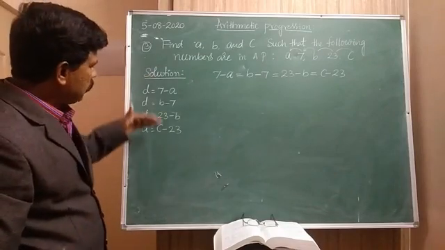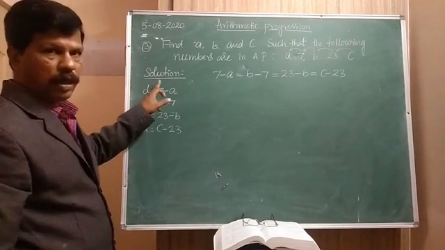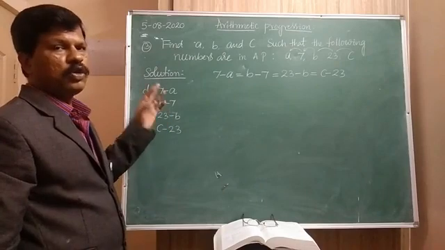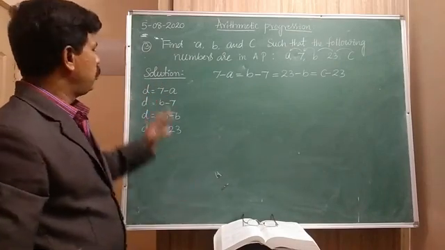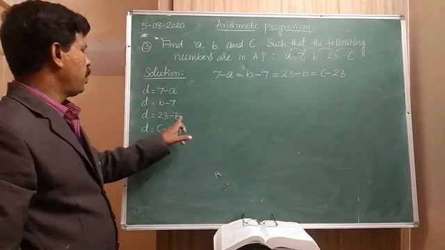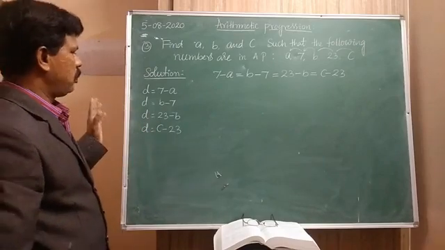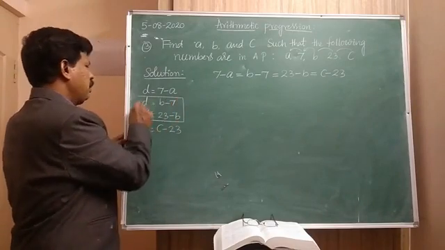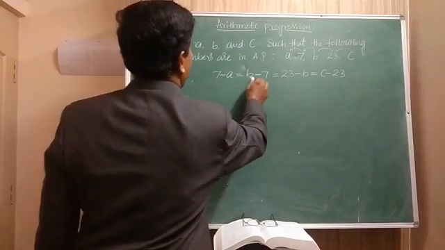So by looking at this, if you take these two equal, then we have two variables, so you will not get one variable value. Therefore, don't take these two. Now coming to these two, here also B and C, two variables are there, so impossible. Then take these two, equate these two first.